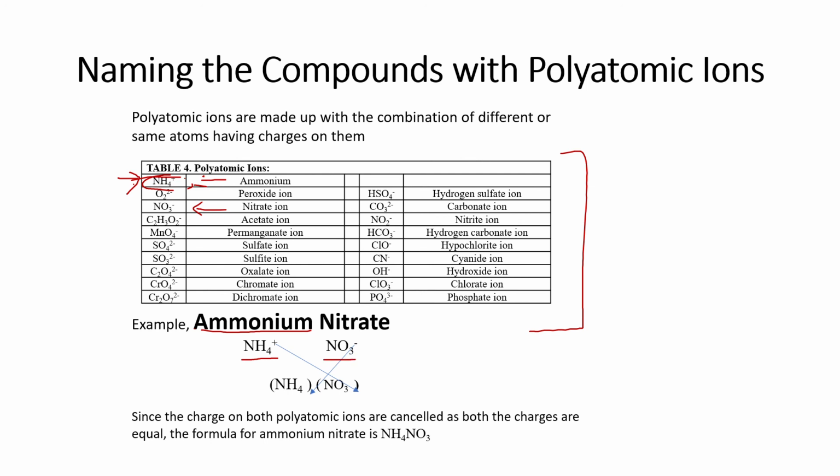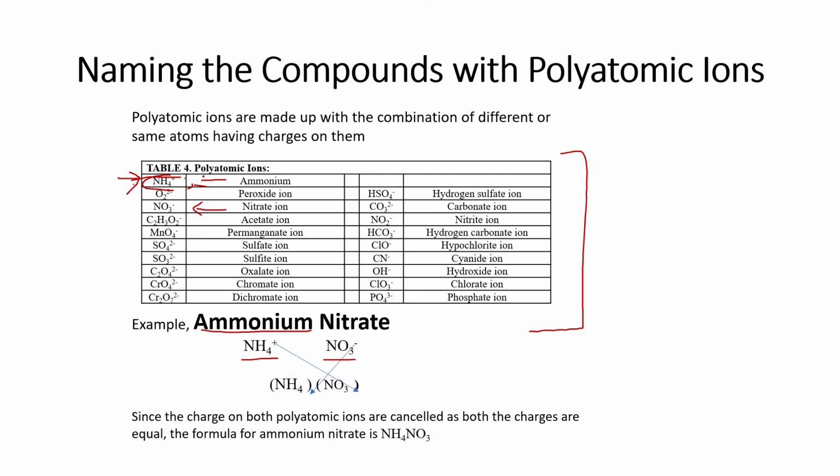Regardless of these charges, bring these two units together, always the positive one first and the negative second. That is why the first is NH4 and the second is NO3. Since it has polyatomic ions, I'm writing these in parentheses just to show you an easier way to write it.